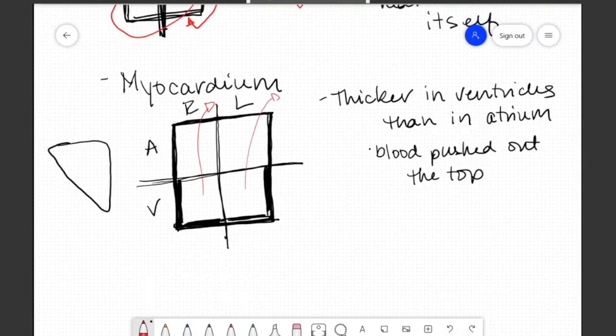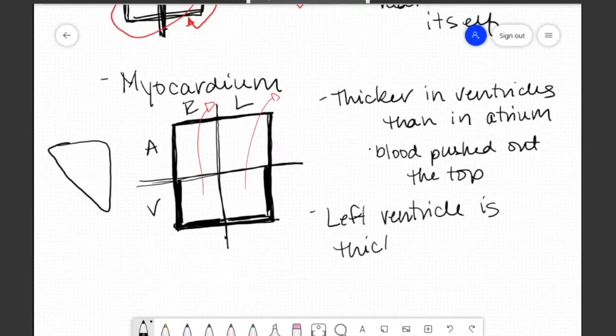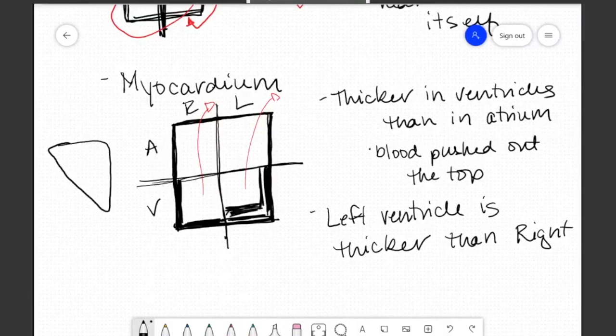One other thing to note about our myocardium is that your left ventricle is thicker than your right. That means your left ventricle has a thicker myocardium than your right, and it actually does vastly look thicker. So this is your left ventricle's myocardium.